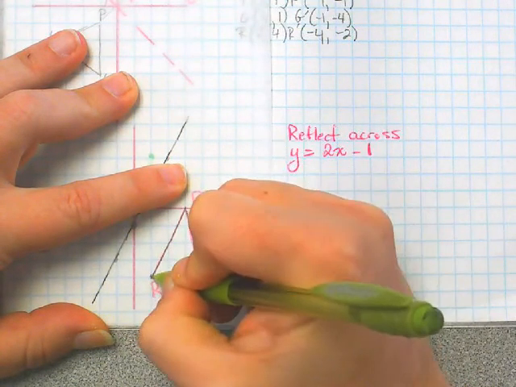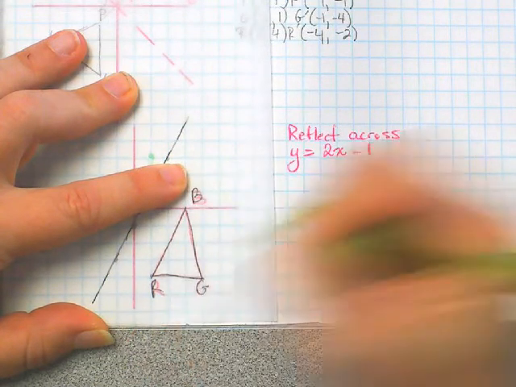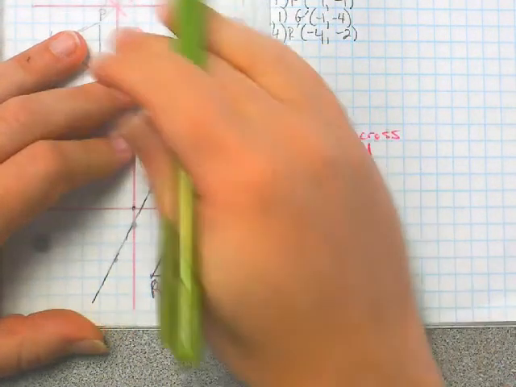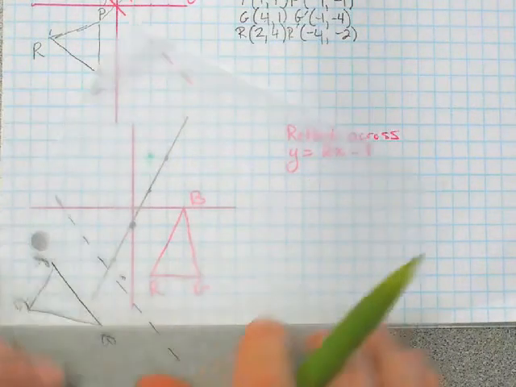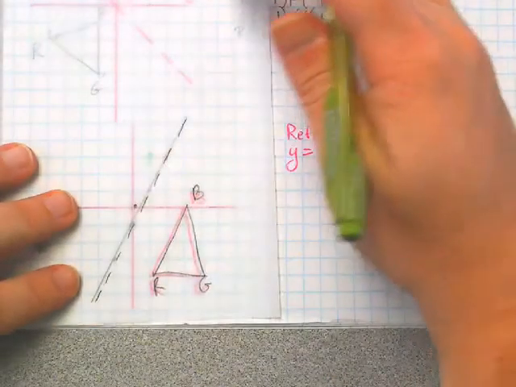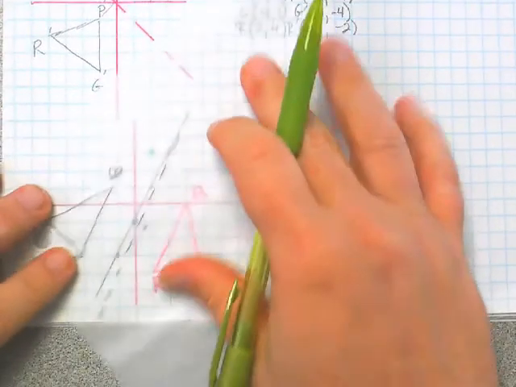Here's my image, BRG. Remember to label your dots, otherwise it's hard to figure out where you came from. So there's BRG. Now am I going to rotate like that? No, I don't want to do a rotation. I want to flip. I want to reflect.